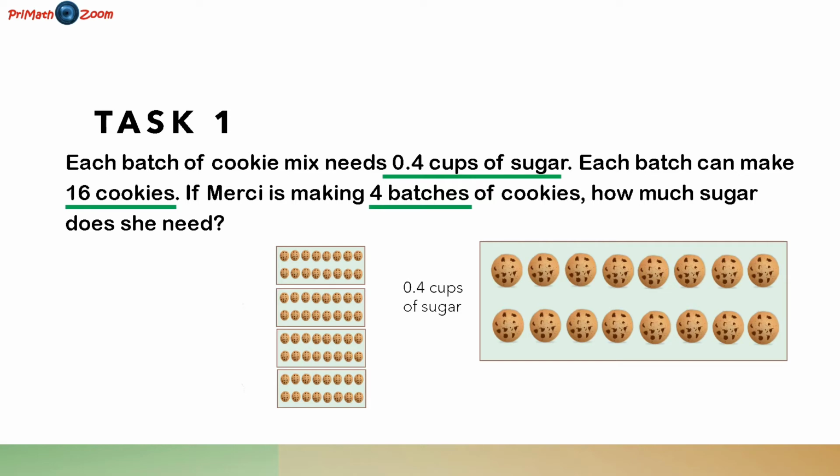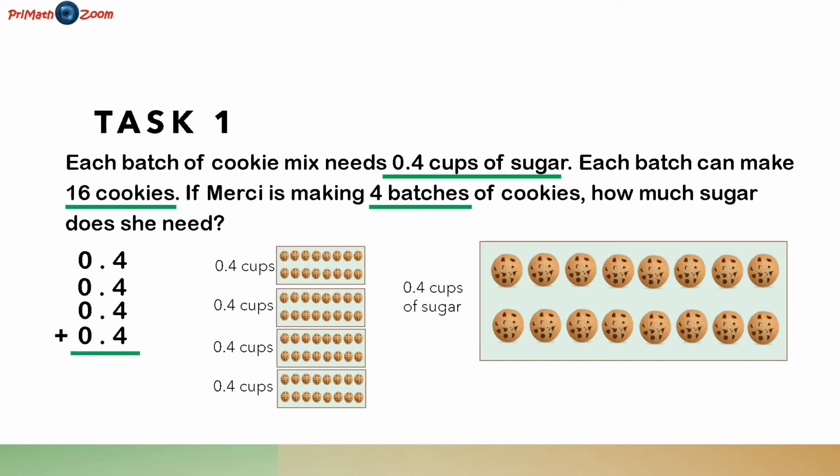And we know that each batch is 0.4 cups. So how could we solve how much sugar she needs? Yes, one lovely way of doing it is by adding 0.4 cups 4 times. So we could do this. Right, so we could add 0.4 4 times.